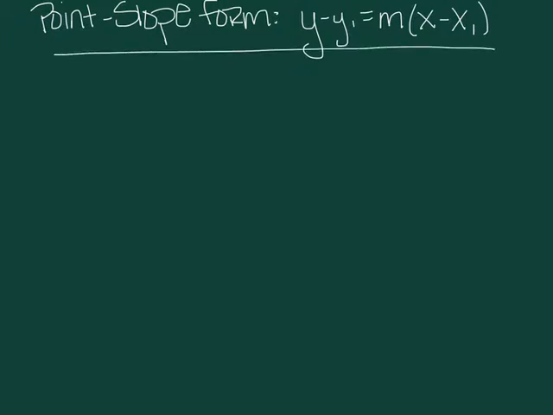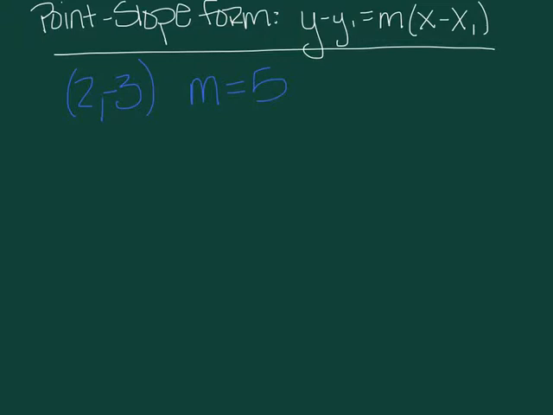Okay, let's say that we are given some information. In this case, we're going to be given a point. Let's call it (2, -3). And we're going to be given a slope of 5.